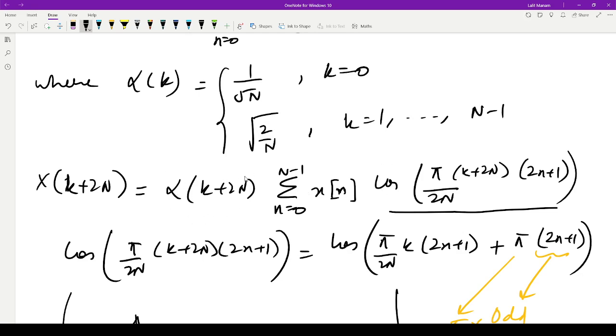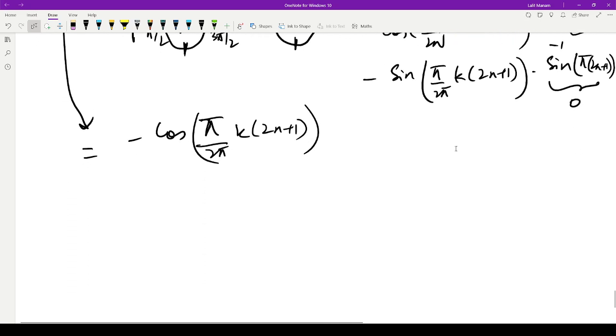What about alpha? Anyone? So alpha of k plus 2N is equal to alpha k.